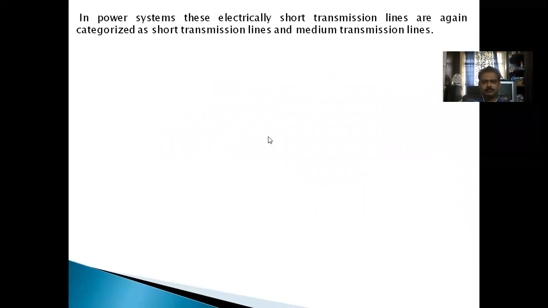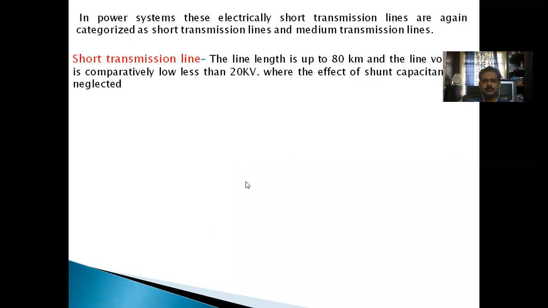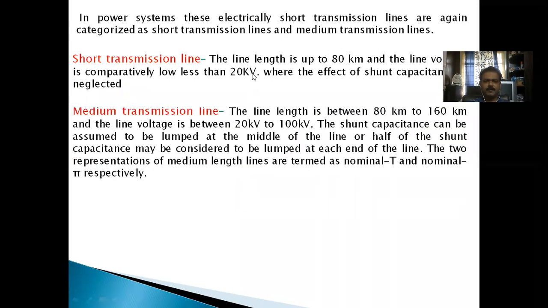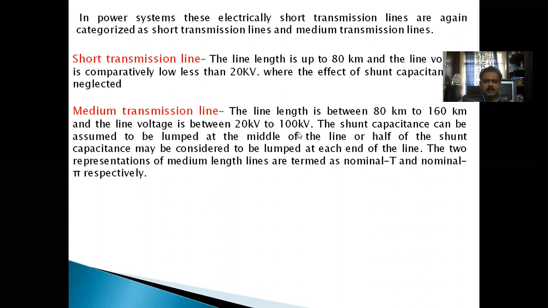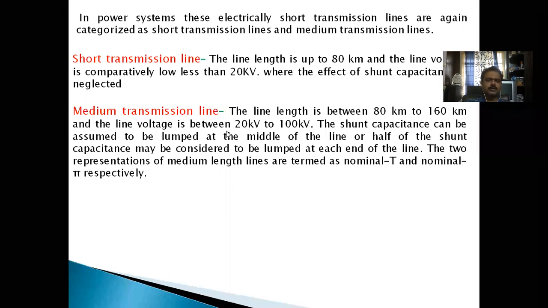This is the classification for the short transmission line: 80 kilometers, and voltage up to 20 kV. If it is less than 20 kV, it is termed as short. In case of medium, it is 80 to 160 kilometers, and the voltage level is between 20 and 100 kV. In a short transmission line, we neglect the shunt capacitance, which depends upon the length of the conductor and the operating voltage.